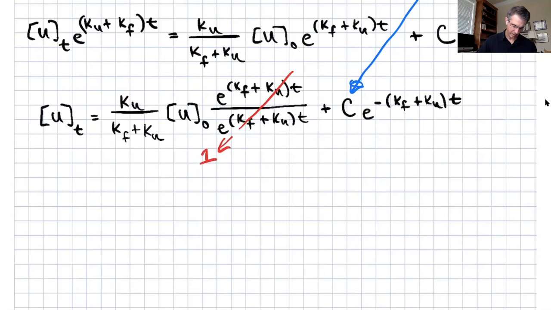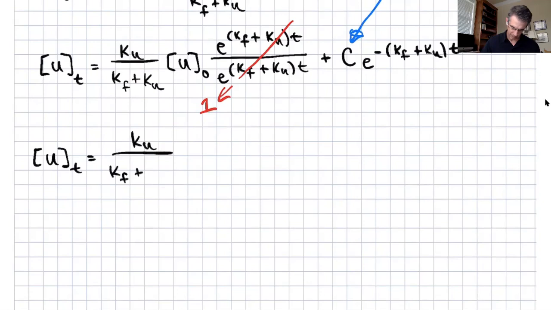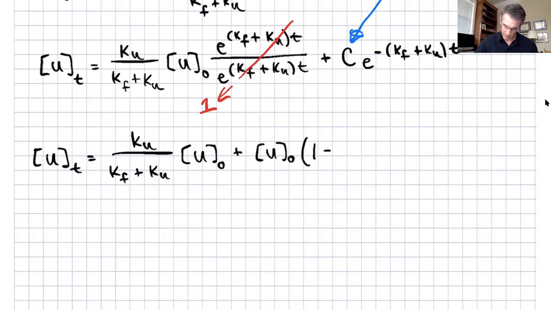That's 1, so we can rewrite this whole expression, canceling that term out, as the concentration of U with respect to time is just equal to ku over kf plus ku, concentration of U at time 0, plus now the concentration of U at time 0 times 1 minus ku over kf plus ku, e to the minus (kf plus ku)t.